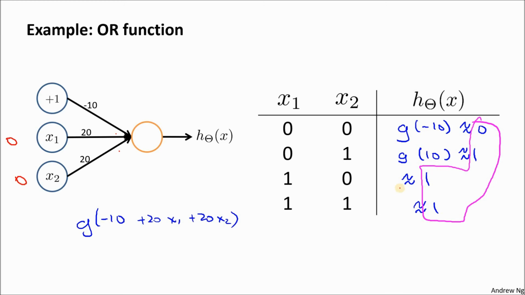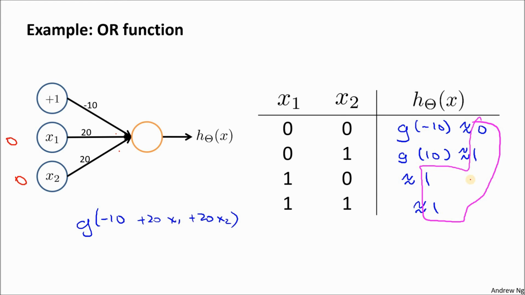Whereas in all other cases, one of them is 1, for example this one is 1 or that one is 1. The value that comes here will be 20 minus 10, which is 10. Ten is a positive number, and the sigmoid output will be a 1. It will happen in both these cases, and in the fourth case it will be an even higher value, 40 minus 10, which is 30. It will also be a 1.